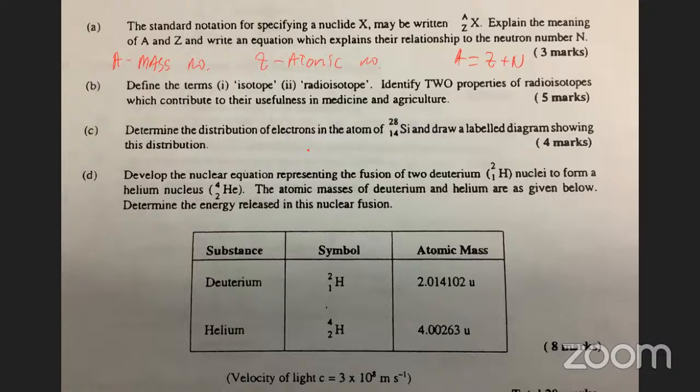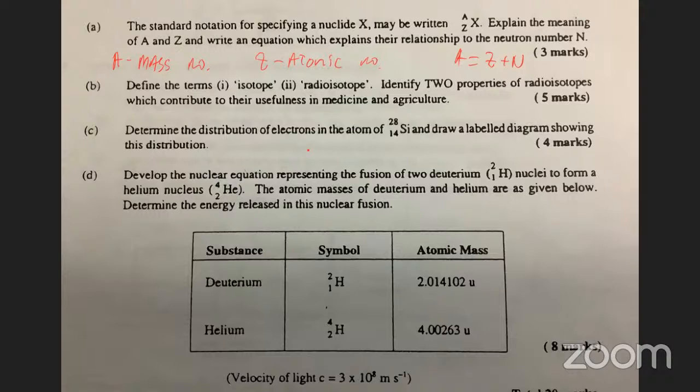Yes, it's used in treating cancer, but why? You're listing the things that they could be used for in medicine. The question asks why: two properties. Why we could use them.